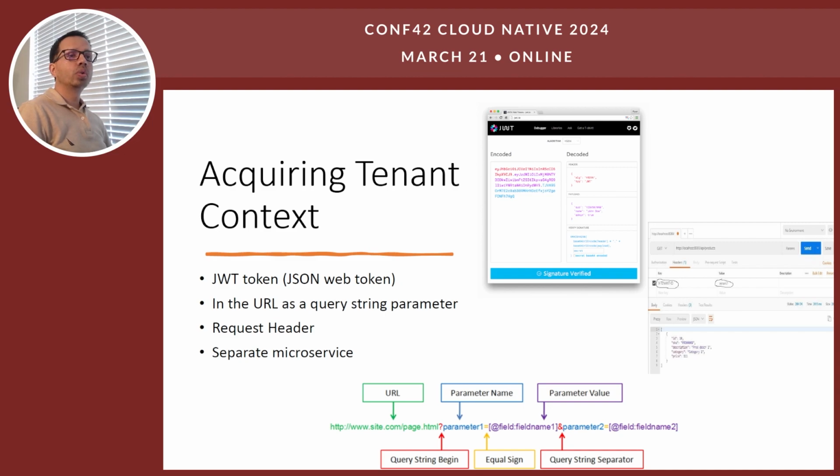Another way to pass the tenant ID is in the URL query string parameter. We can use the query string parameter to pass the tenant ID information. The third option is we can pass it in the request header as some custom header like X-Tenant-ID. The last option is we can also create a separate microservice.